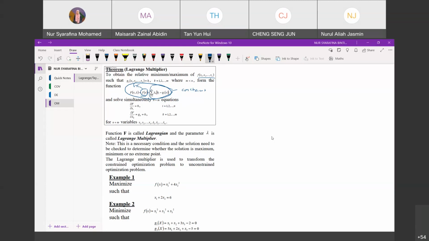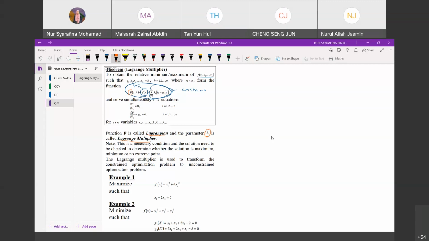We are going to find the critical point x1, x2 up until xn, and lambda 1, lambda 2 up until lambda m. This F here, we call the Lagrangian, and the parameter lambda is the Lagrange multiplier.